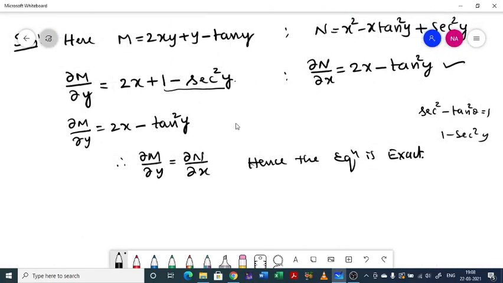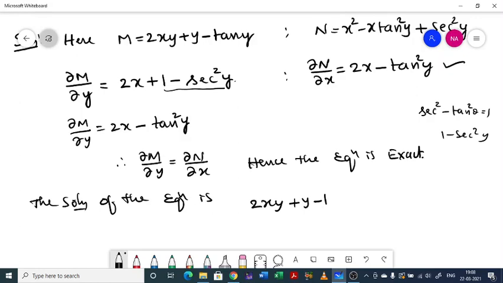The solution of the equation is integral of M dx, that is (2xy + y − tan y) dx, plus integral of N of y, meaning sec² y, only that term is not involving x, equal to c.